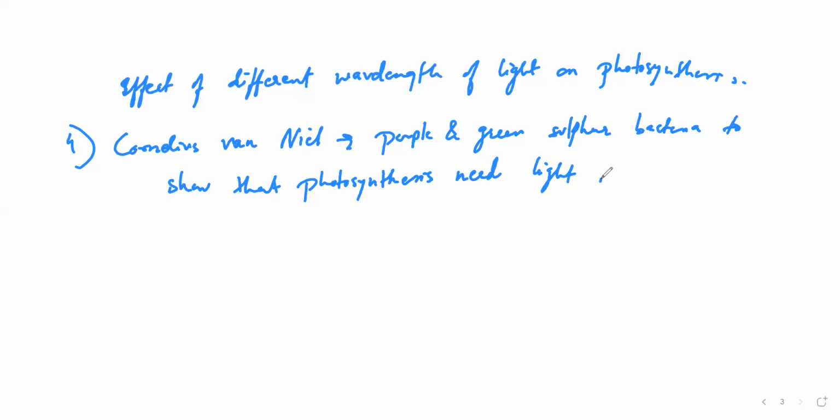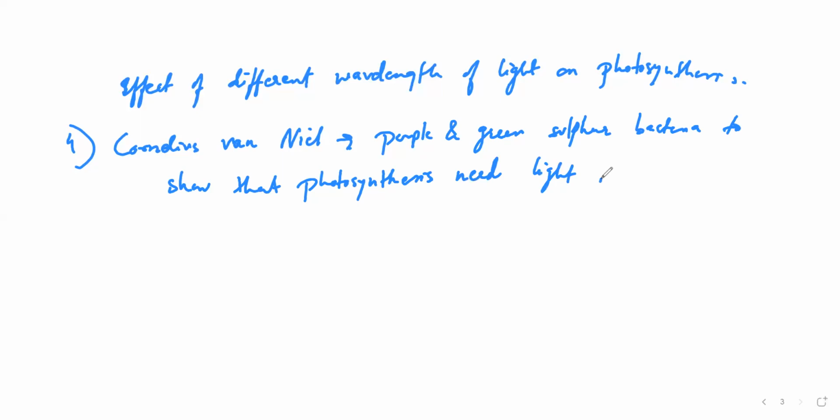So he used the purple or green sulfur bacteria for this experiment to show it's light dependent. This was given by Cornelius Van Niel. Fine. Now, these are the experiments which were to confirm what actually happens in photosynthesis.